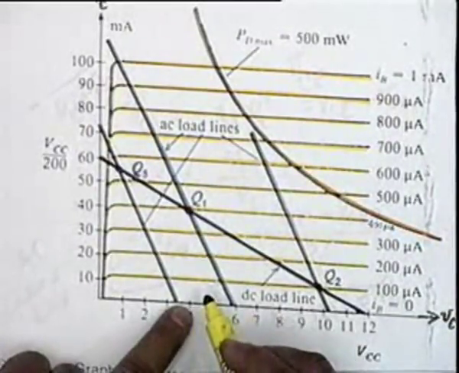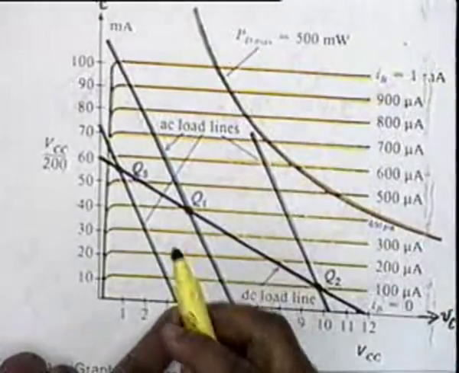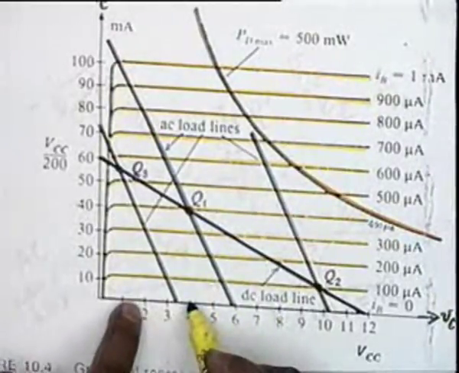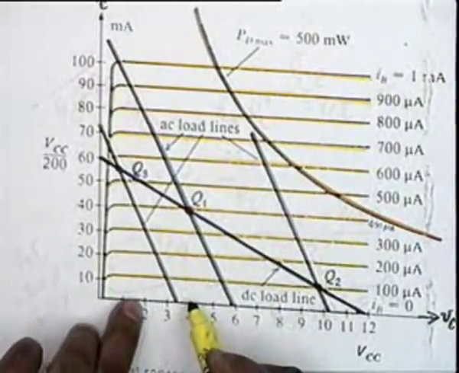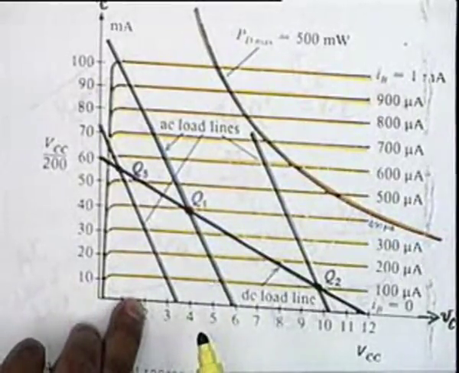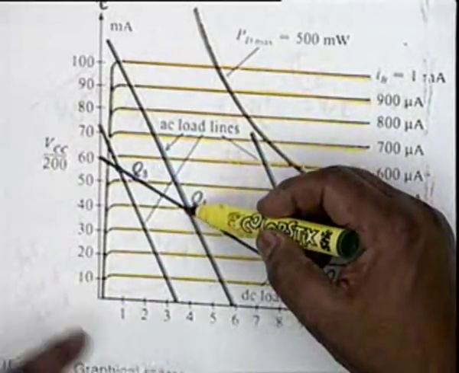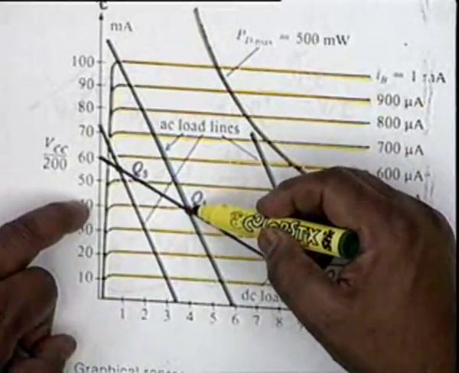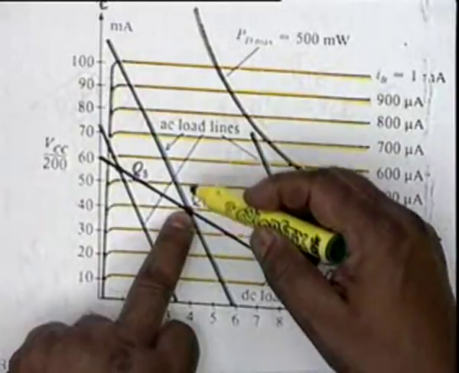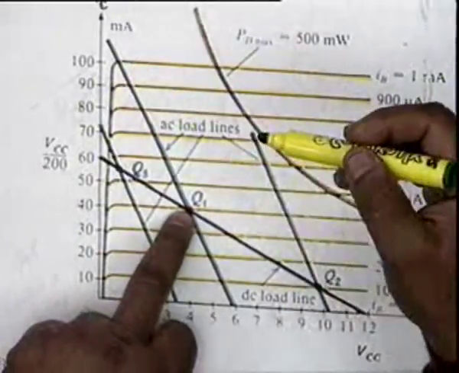So the excursion, that is the perturbation or deviation from the Q point, is 2 volts on this side. Naturally it can come 2 volts on the other side also. So the peak to peak voltage is 4 volts. That is the excursion. On the other hand, what about the current? 40 milliampere is the Q point. The current can go right up to 0 and on the other side, 100 milliampere.